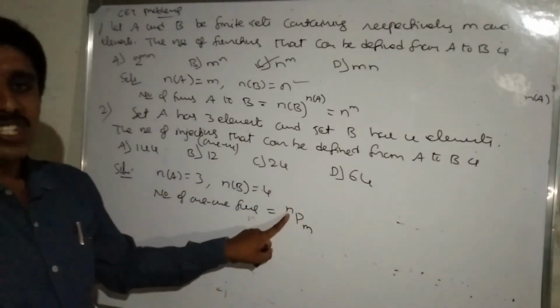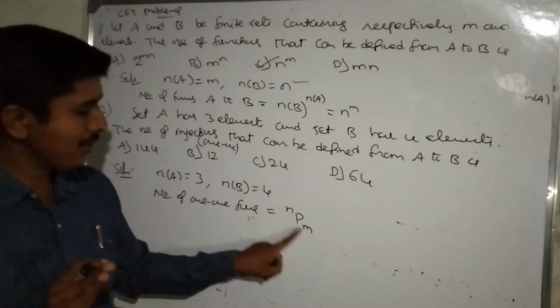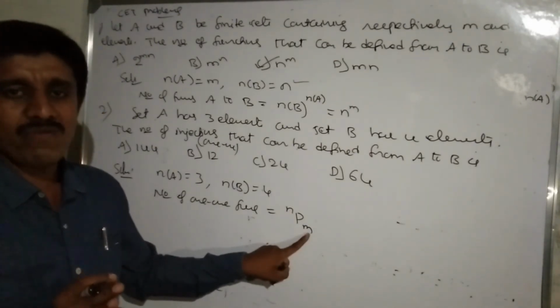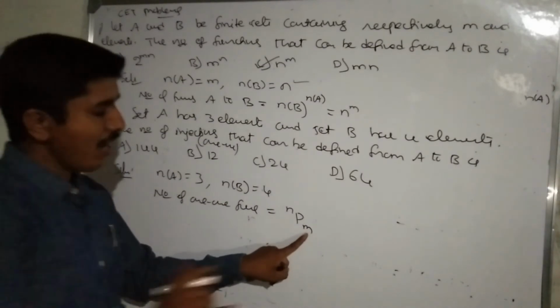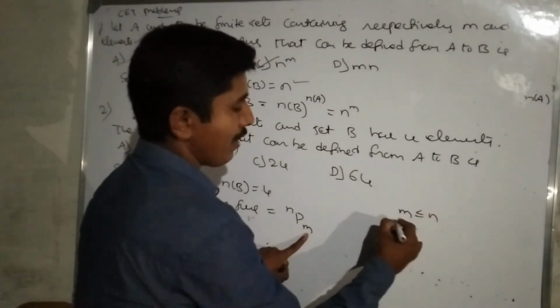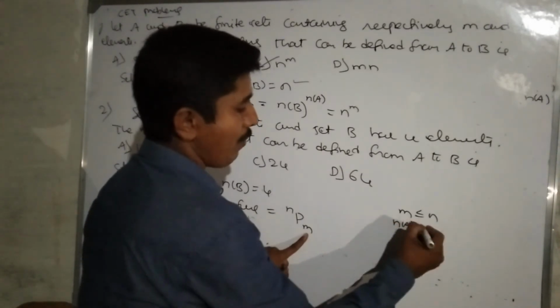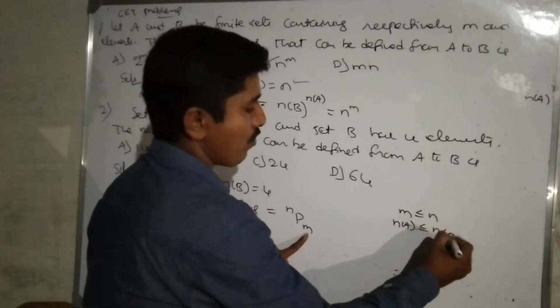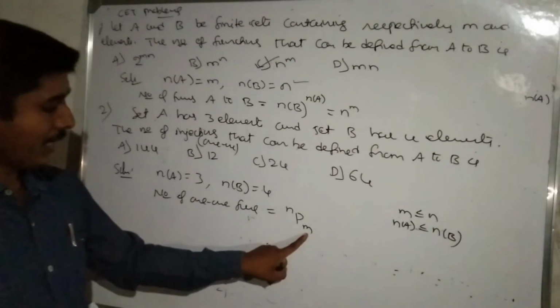Here n means the number of elements of the codomain, and m means the number of elements of the domain. This can be defined only when m is less than or equal to n, means the number of elements in the domain is less than or equal to the number of elements of the codomain.